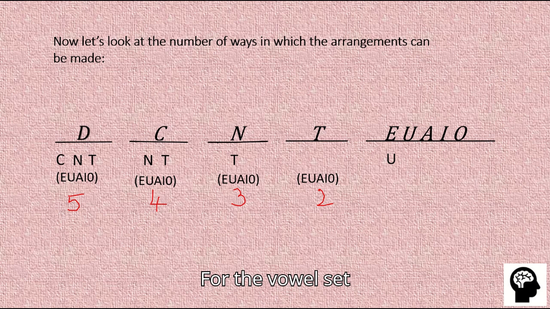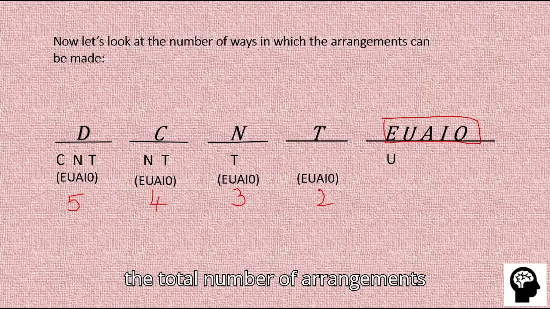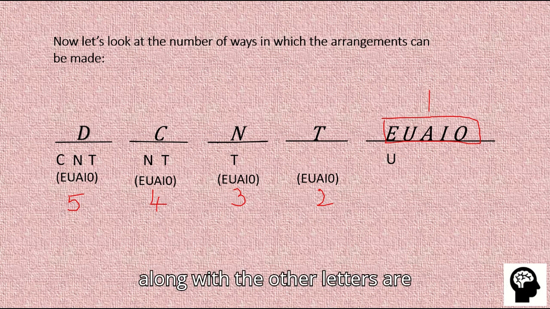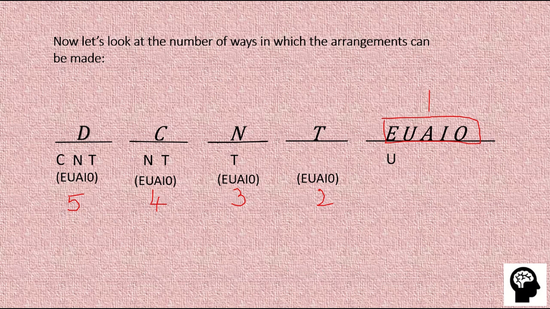For the vowel set, the internal arrangements can be made treating the vowel set as one unit. The total number of arrangements along with the other letters are 5 factorial.